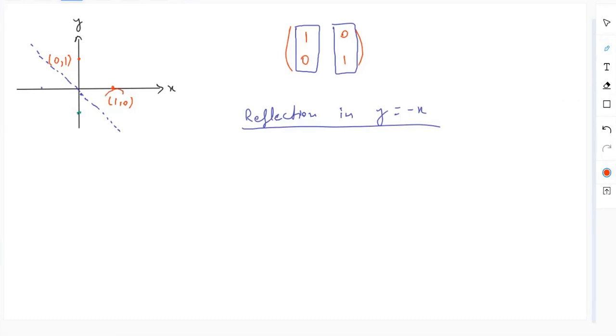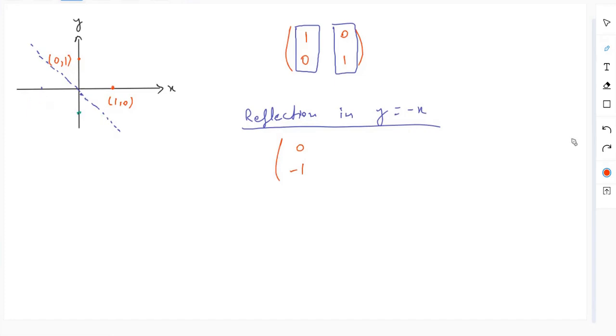So where does this 1 0 point go? The 1 0 point will go here, to 0 minus 1. So that's your first point here, 0 minus 1. Where does this point go? 0 1 reflects and goes here, and that's your minus 1 0. Very good.